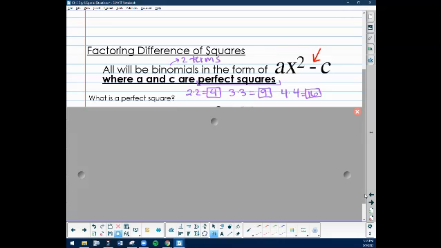What a perfect square means is when I take the square root, it's a whole number. You might not be super familiar with square root, but that's why we call it a perfect square. 1 times 1 is 1, which means 1 is a perfect square. 2 times 2 is 4. And you continue to go up.